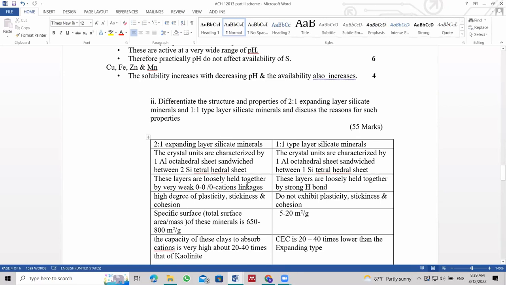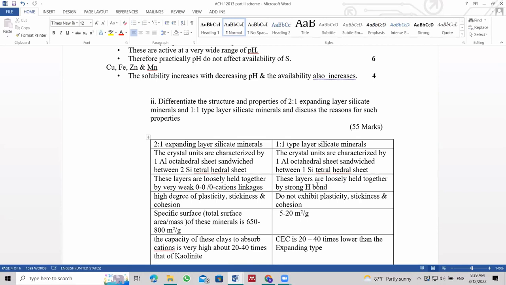Instead of this oxygen-oxygen linkage, for 2:1 non-expanding there will be potassium ions in between the two layers, and the potassium does not allow the layers to expand. It will hold the two layers.